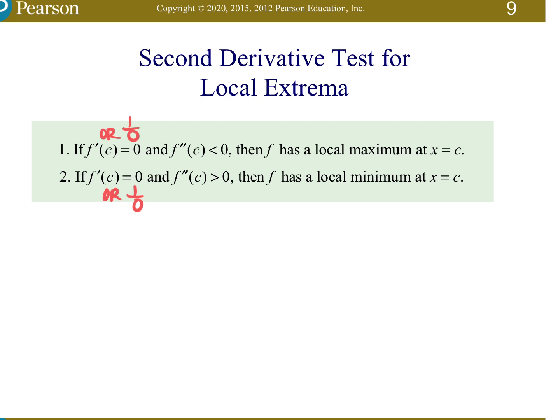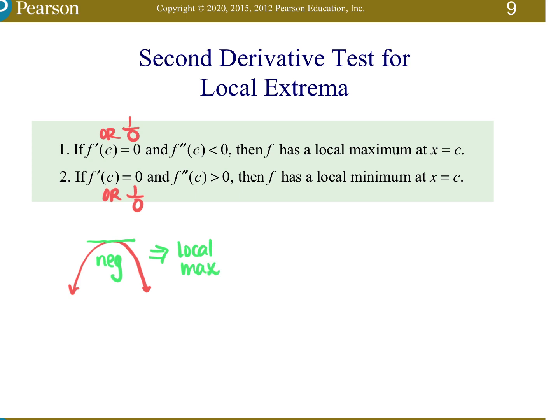And so we kind of picture that. If we say, okay, this graph has a derivative of 0 and a concavity that's negative, that leads to the definition of a local max.